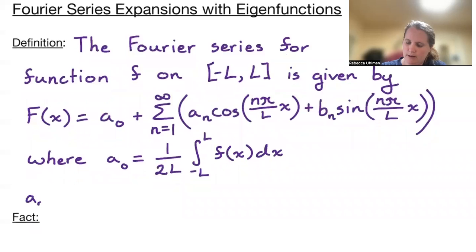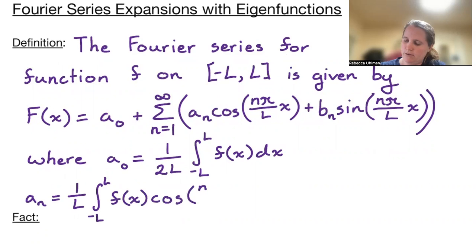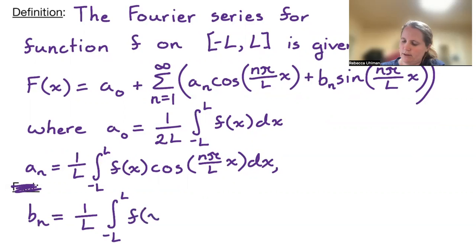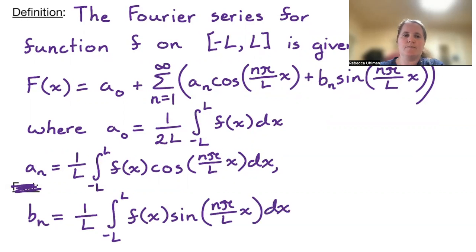The remaining a sub n are equal to 1 over L times the definite integral from negative L to L of f of x times cosine of n pi over L x dx, and our b sub n's are 1 over L times the definite integral from negative L to L of f of x times sine of n pi over L x dx.